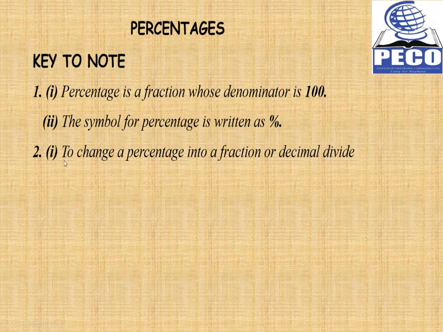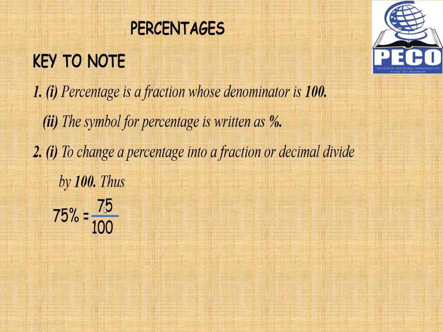Our other note here: to change a percentage into a fraction or a decimal, simply divide by 100. A simple example: 75% is by definition 75 out of 100, because percent means out of 100.